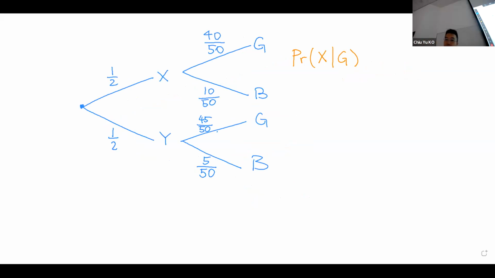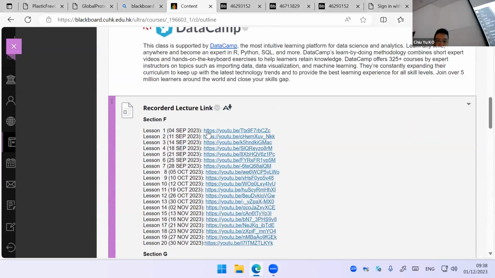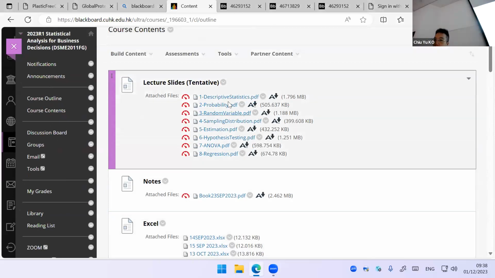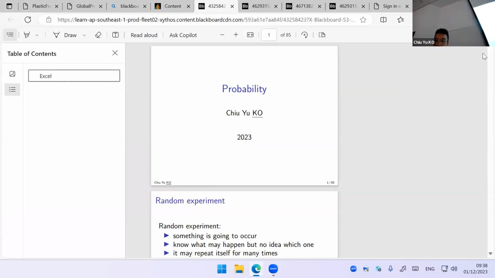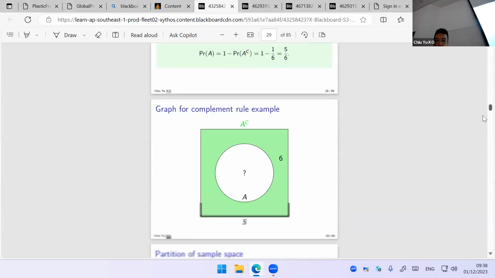Okay, I represent the question in this form, so I think it's pretty straightforward, because how we do this is going back to the slides, look at the probability. Just to remind you, we'll use the Bayes theorem.